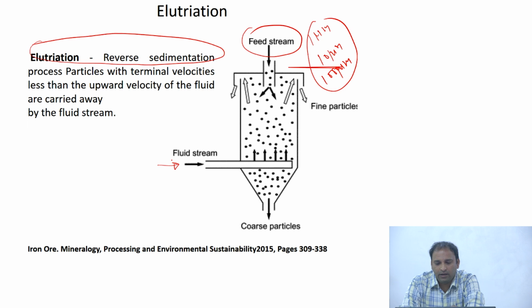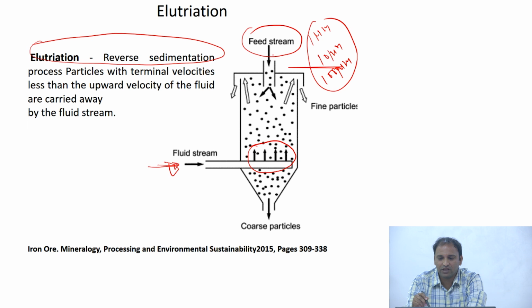With this fluid stream, I can maintain a particular flow rate. I have control over the flow rate with which I send the fluid stream in. Because I have control over the volumetric flow rate, I also have control over the velocity.